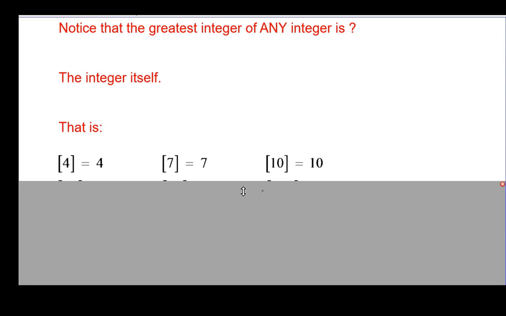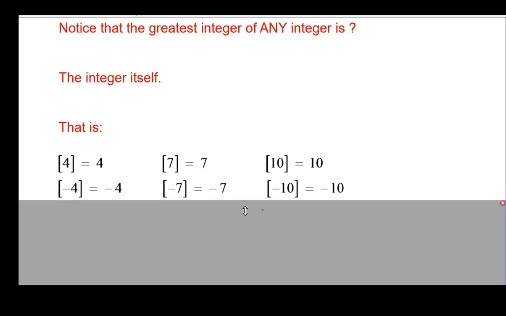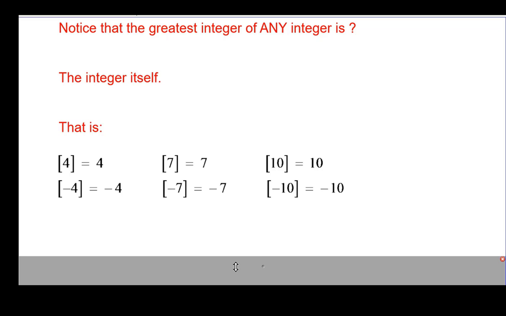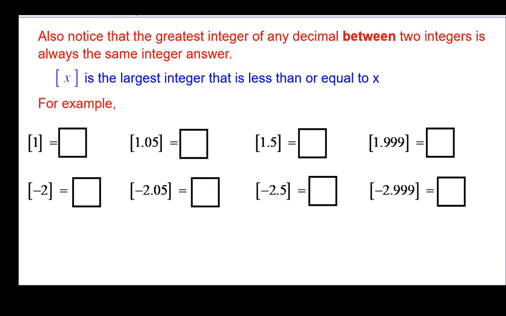For example, the greatest integer of 4, of 7 and 10, and even of the negative numbers. But also notice that the greatest integer of any decimal between two integers, not including the endpoints, is always the same integer answer. They have the same answer.